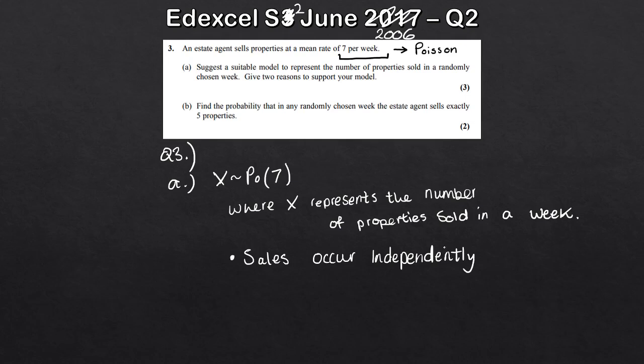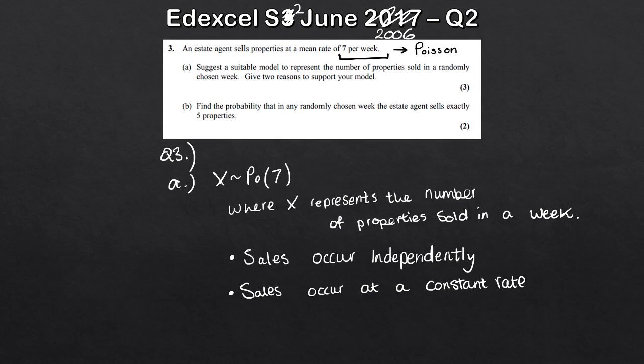Okay, so sales occur independently, and then another point that we can make is that they occur at a constant rate. So sales occur at a constant rate there.